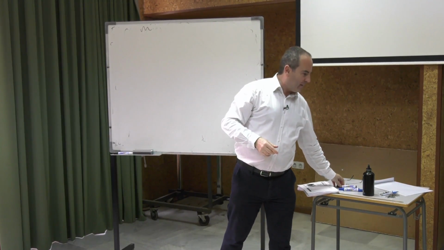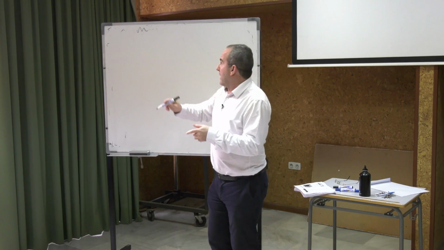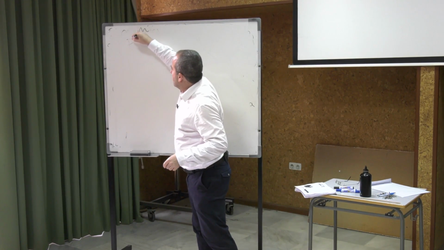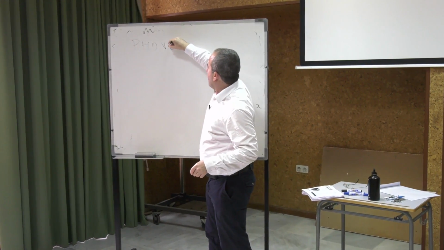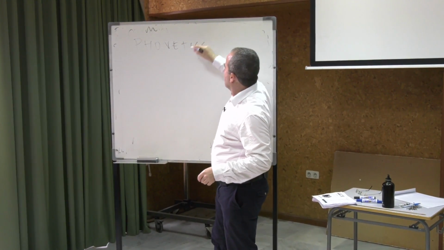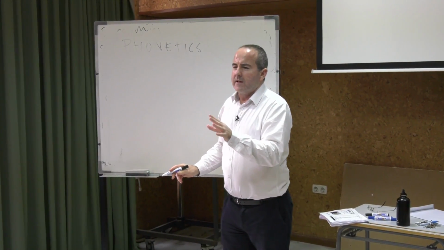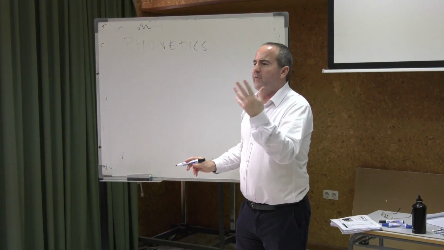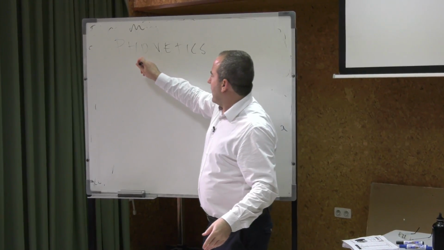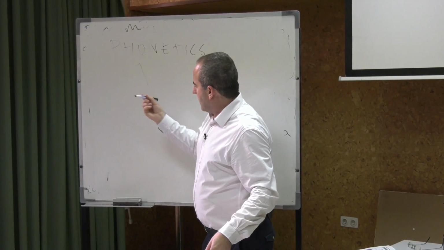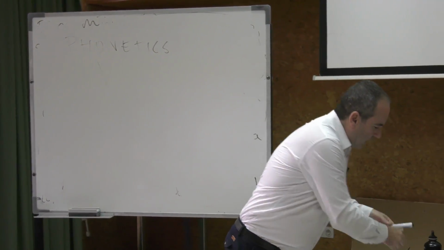As we said the previous day, we have two different branches of linguistics dealing with sound. We have phonetics, which is the field of linguistics that studies in a scientific way the sounds of language. And in phonetics, we have three different branches.